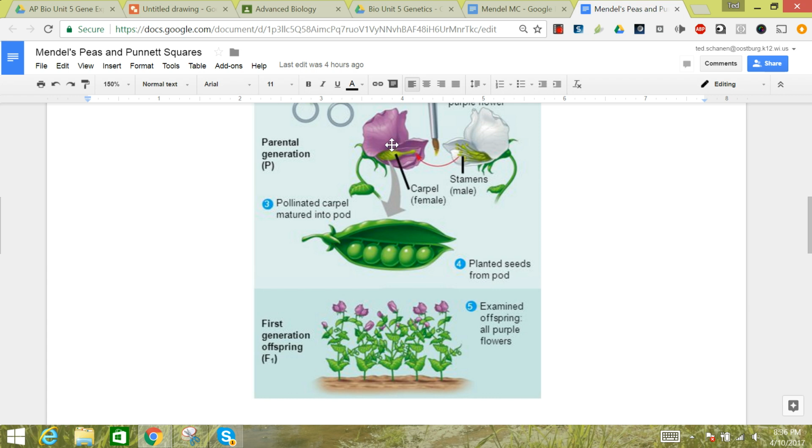These would always produce purple. When you mix them together, you end up with this first generation, and they all show one type. But then if you took those and self-pollinated them with themselves, you would find that there would be a 3-to-1 ratio of purple to white in the next generation.